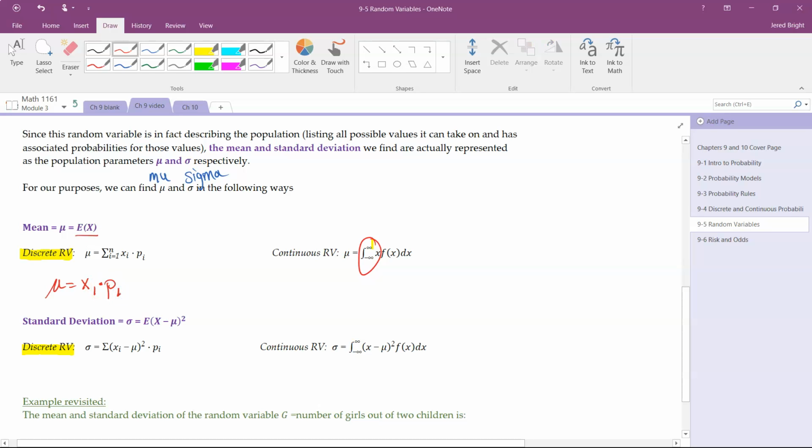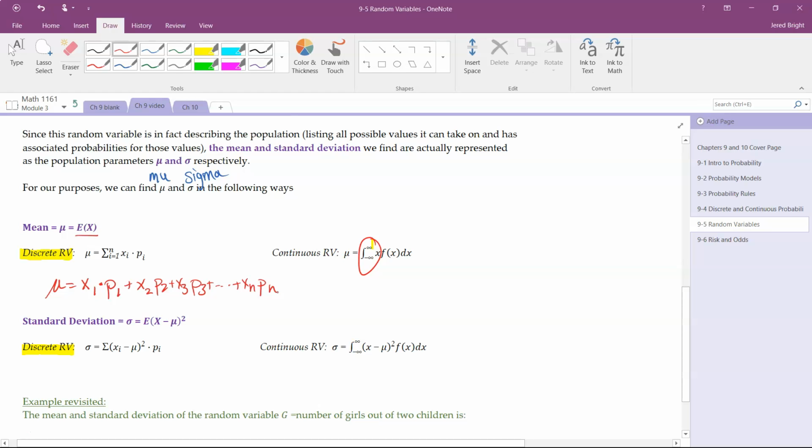Take an outcome, multiply by its corresponding probability. And then plus, add that to, that's what sigma means, add the next one. So x2 p2 plus x3 p3 plus so on and so forth up to your last entry times its corresponding probability. That's all it means.